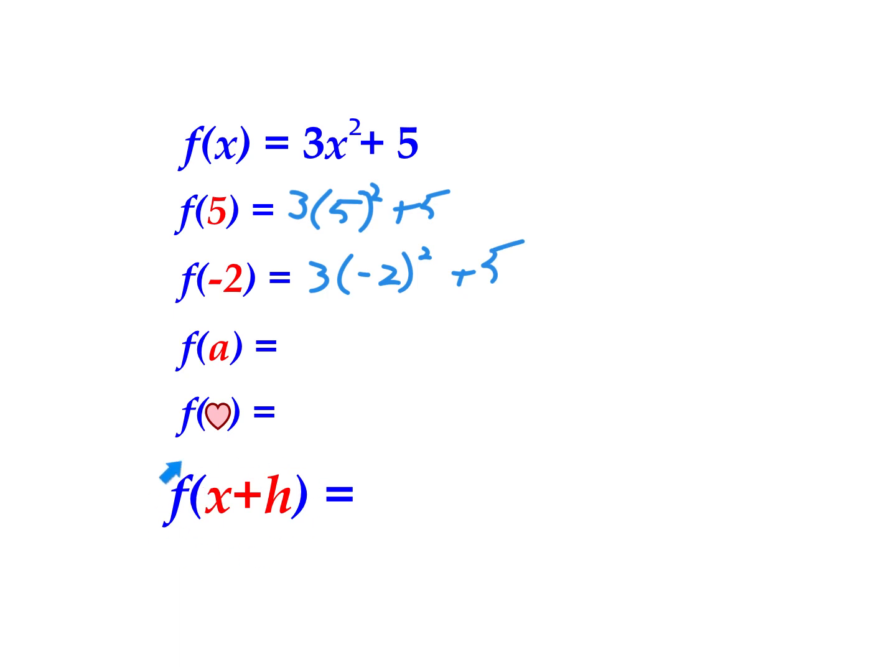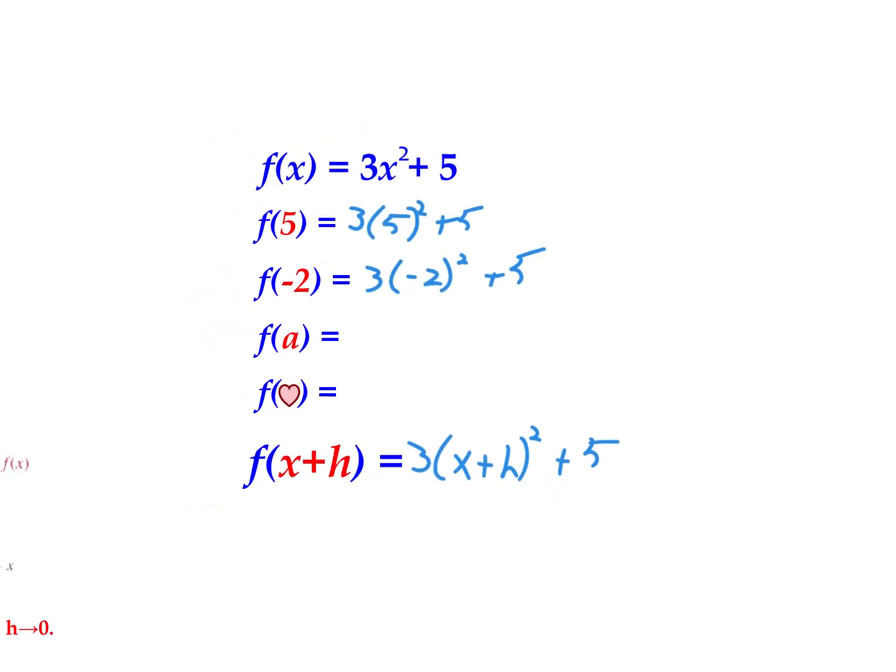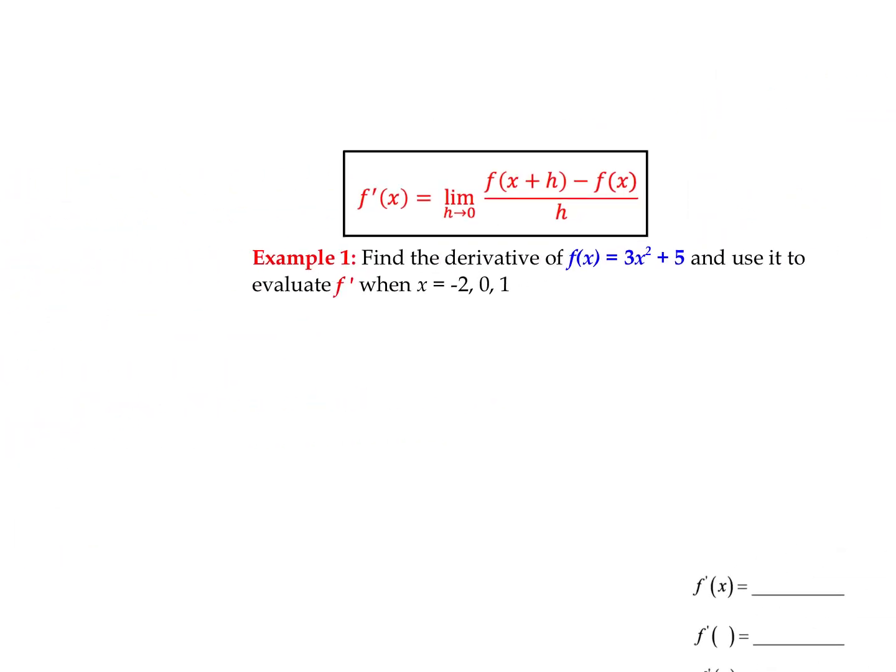If I scrolled all the way down to x plus h, this would be 3 times x plus h squared plus 5. And the reason why we're talking about this is we will see points where we have to evaluate a difference quotient where we are squaring that whole x plus h.